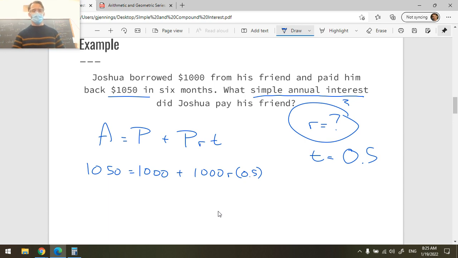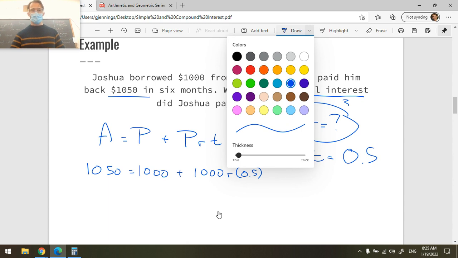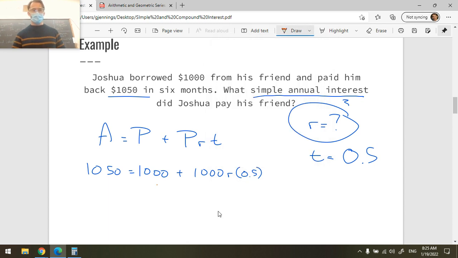Okay, evaluate. So I can do this multiplication, and I can also do some inverse operations here, writing another line of subtracting 1,000 from each side. That's going to help me isolate R. R is the desired unknown, and it's hidden behind layers of armor. This is the first layer we'll peel back.